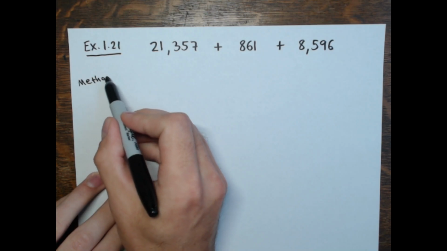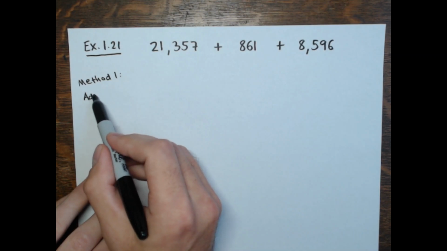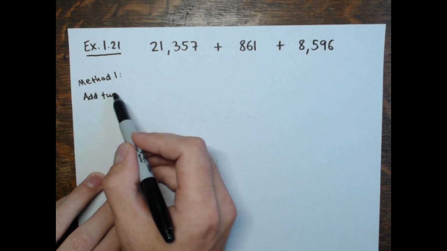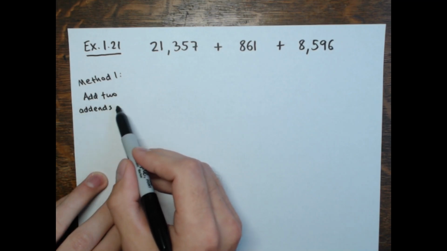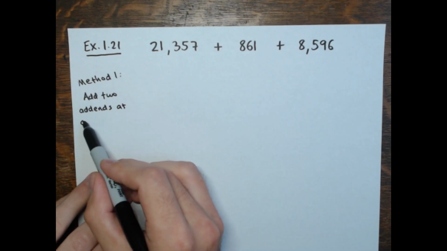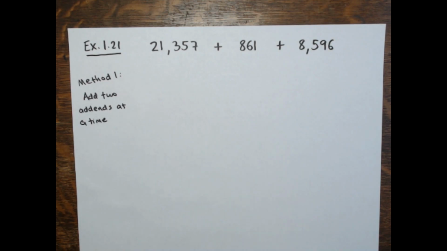So I'll call the first thing I'm doing method 1, where you just add 2 addends at a time. And there is absolutely nothing wrong with this. It just might take a little longer.